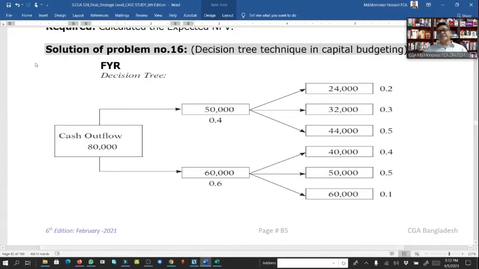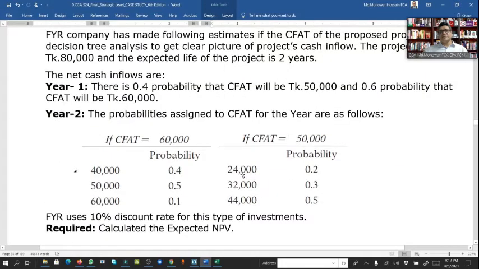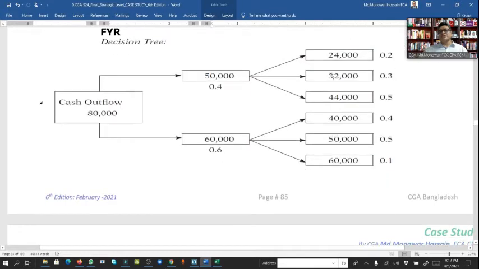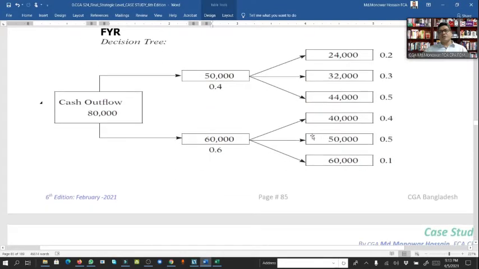Now look at the second year. From the 50,000, the branches are 24,000, 32,000 and 44,000, with probabilities 0.2, 0.3 and 0.5. In the same way, from 60,000, the three cash flows have probabilities 0.4, 0.5 and 0.1.